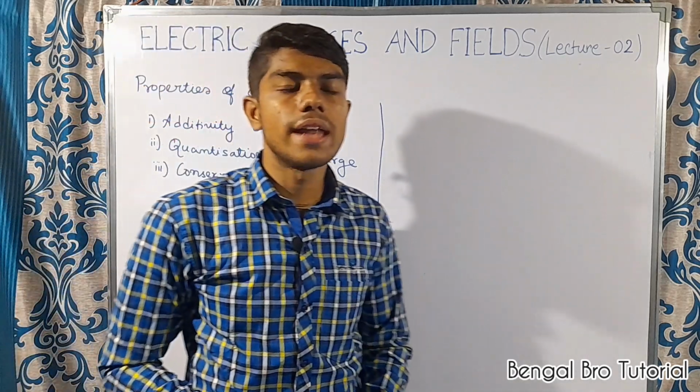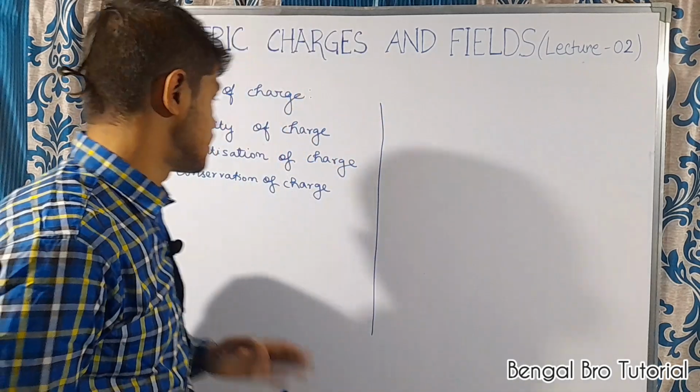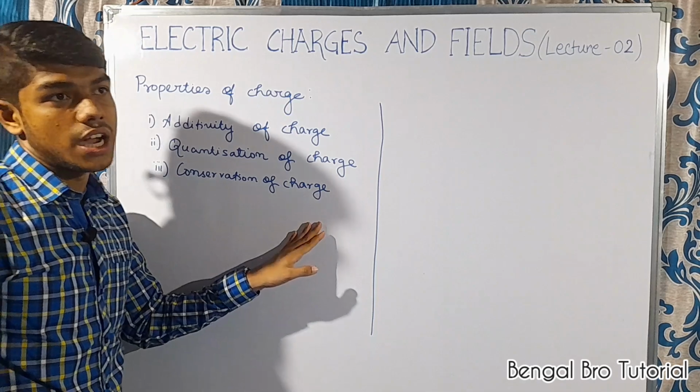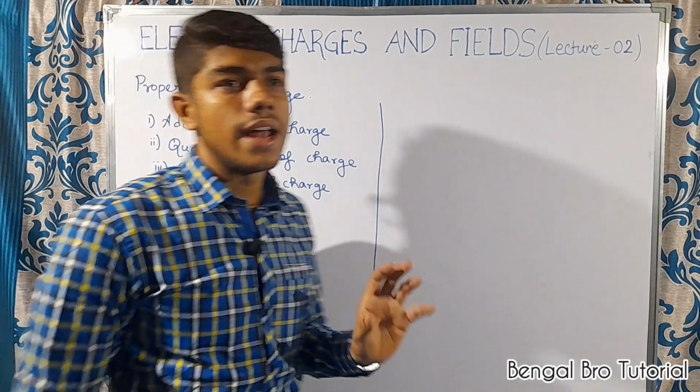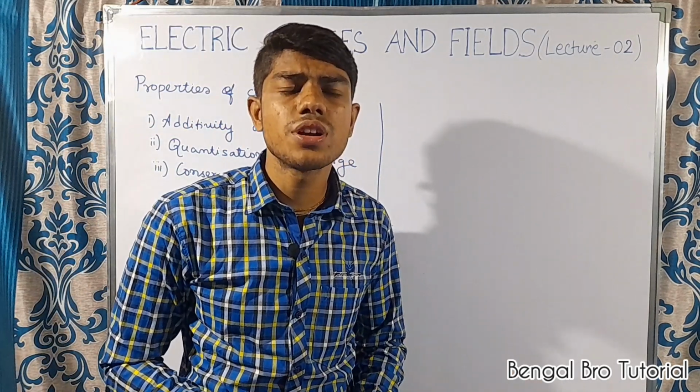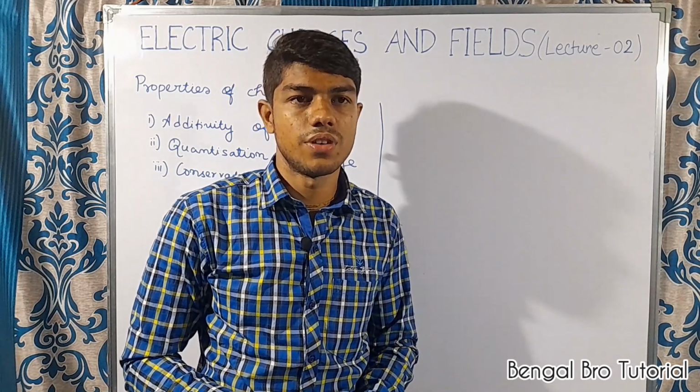Finally, we are going to look at the third property of charge, which is called the conservation of charge. This is very simple and is similar to the conservation of energy that we have learned in class 11.